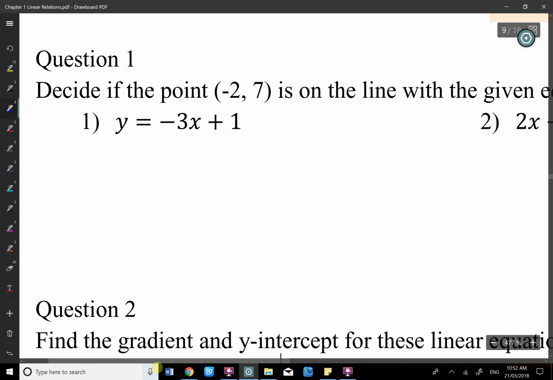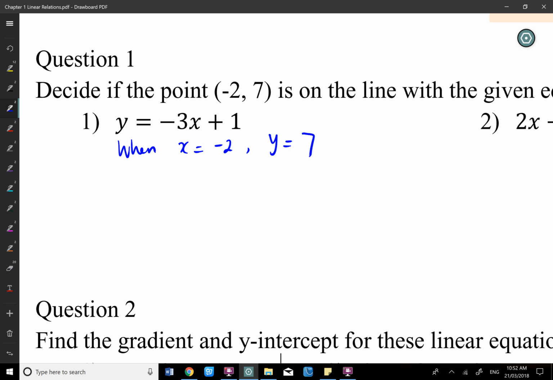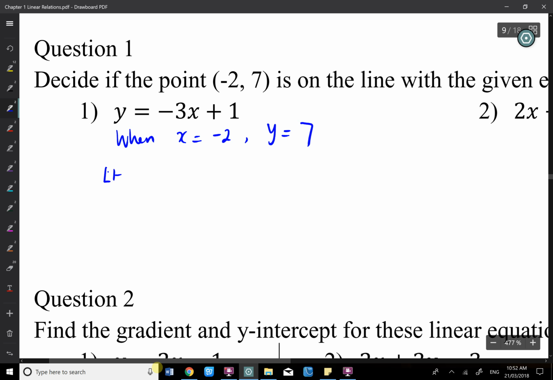We need to say when x equals -2 and y equals 7, we want to see if those two values make the left hand side and right hand side the same or not.